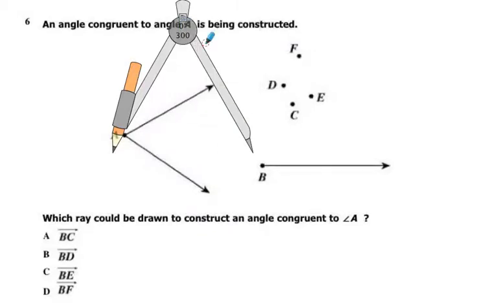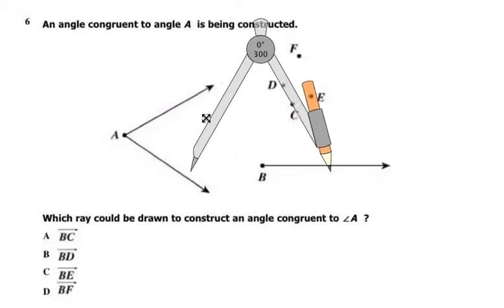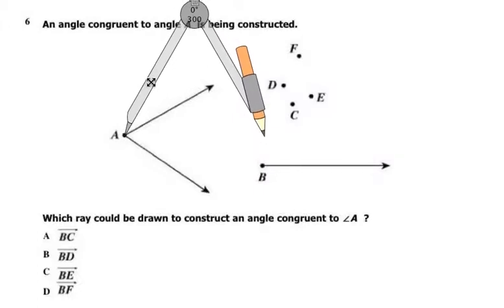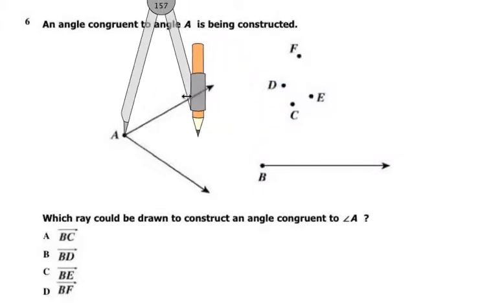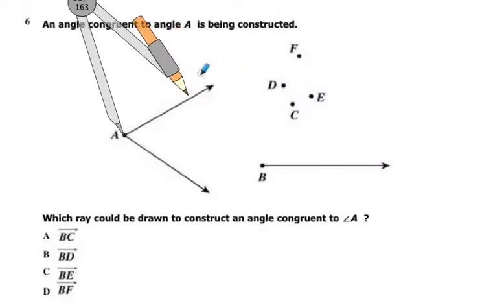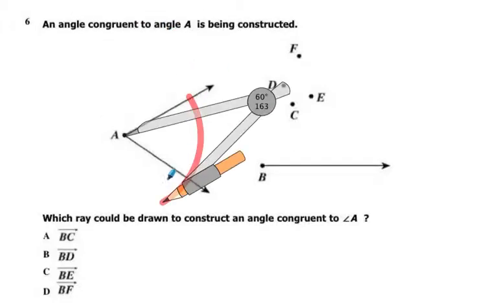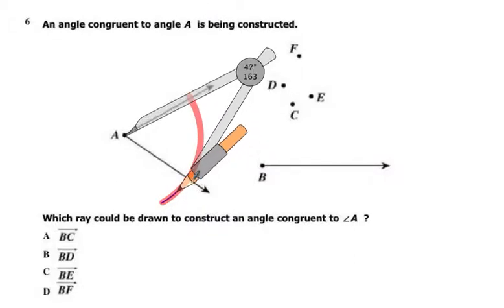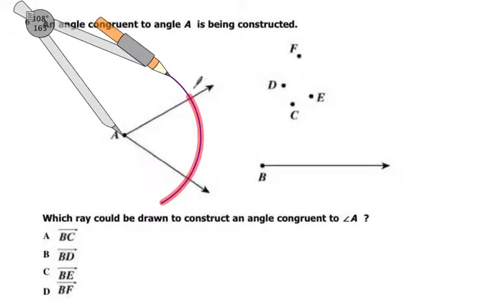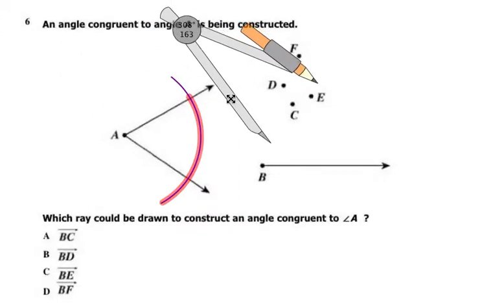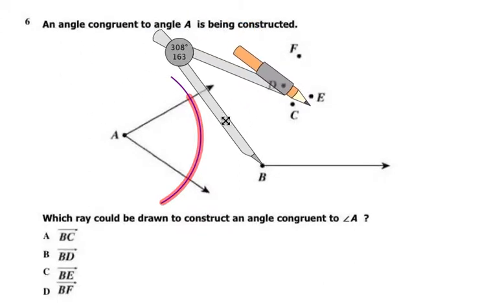So I'm going to put my point on A, and I'm going to draw an arc through that angle. And I want to draw a line through that angle. Okay, so I'm going to come over here to B and do the exact same thing.